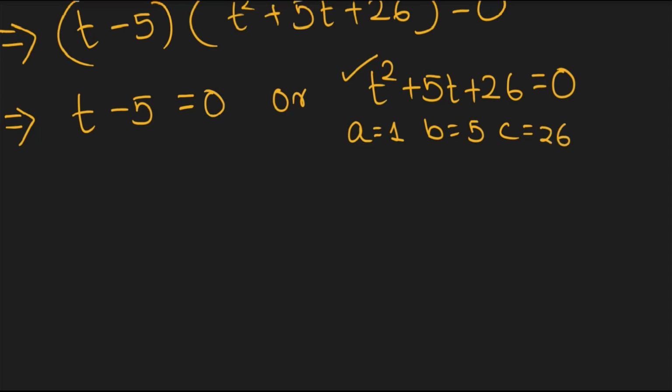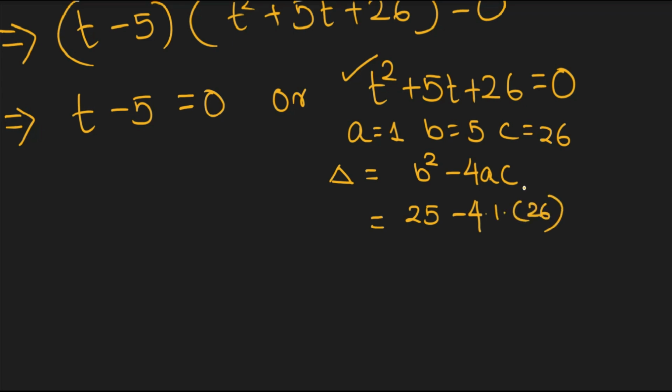Let us find the delta of this equation, that is b square minus 4ac, which is 5 square, that is 25, minus 4 into 1 into 26. We can see clearly this value is a negative number. If it is a negative number, then there is no real solution for this expression.